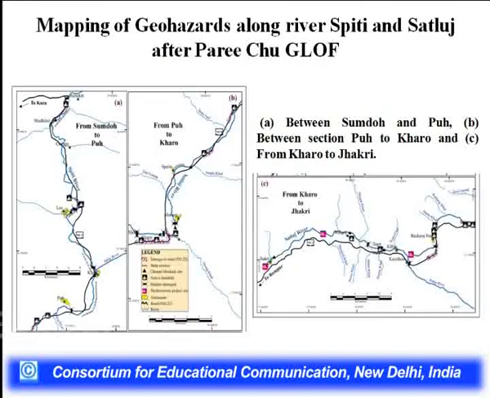You see, we did the mapping of geohazards along the river Spiti and Satluj, between Sumdo and Poong, between the section Poong to Kharo, and from Kharo to Jakri. These maps are based on historical data. We try to analyze the past occurrence of the different types of hazards.